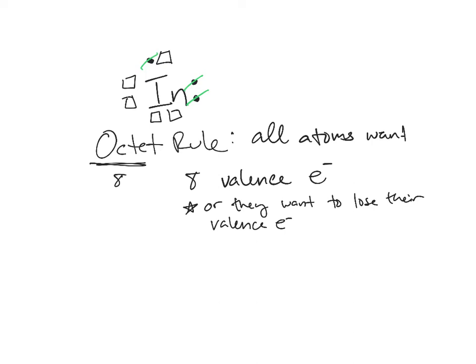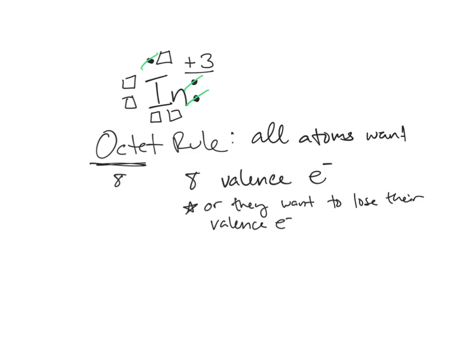That means it had 3 extra electrons. It's getting rid of those negatives. So it's going to end up with an overall positive charge of 3. Because it was initially neutral, losing 3 negatives makes it a positive 3. So in order to fulfill the octet rule, indium's going to try to get rid of those 3 electrons, giving it an overall charge of positive 3.